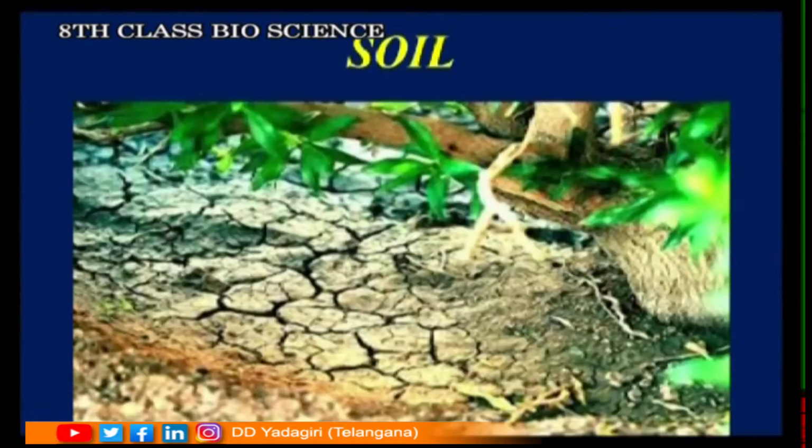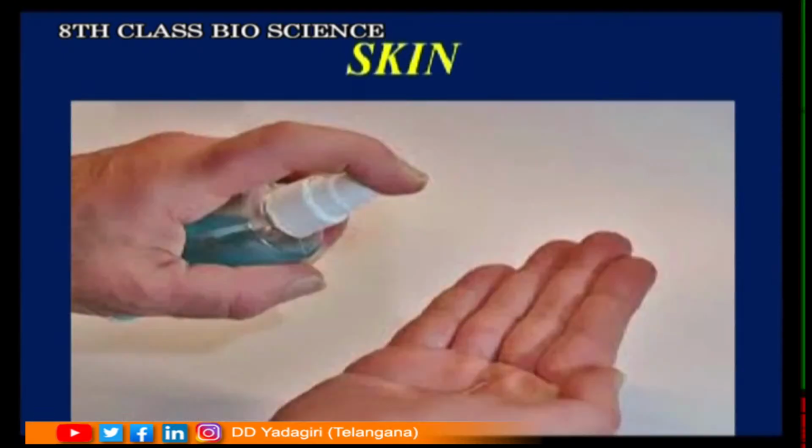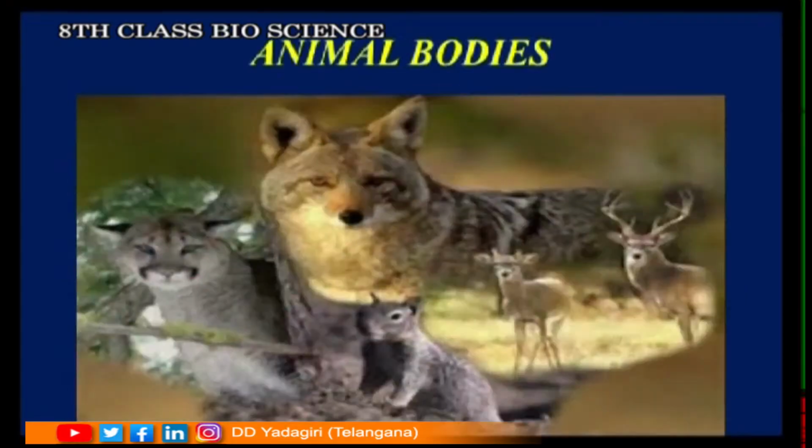They can survive in the soil. They can also be seen on our skin. So they can survive in any part and organ of the body of any animal, not only wild animals or domestic animals. They can be seen in and on the animal bodies.